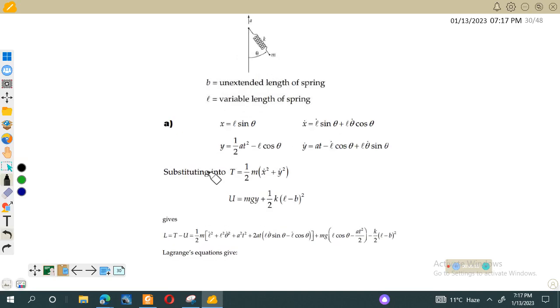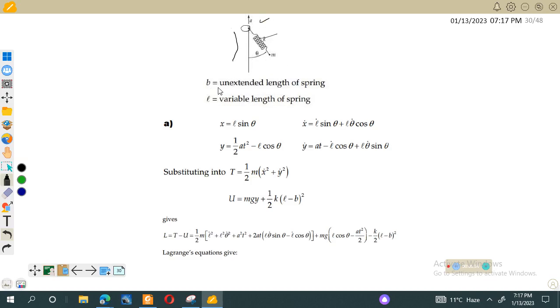This is the diagram for the question. A simple pendulum attached with the mass and with a spring, and this whole spring pendulum system along with the support. This is the support of this system, and it is accelerating upward with acceleration a.